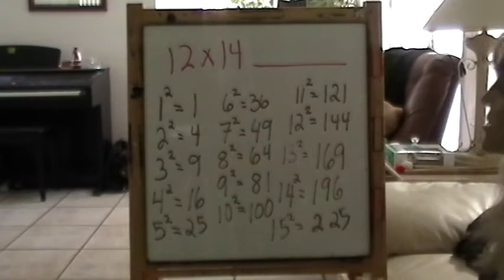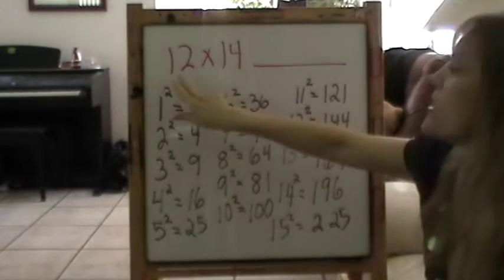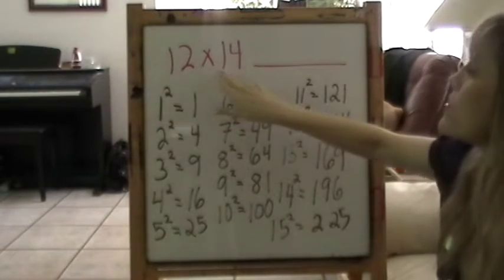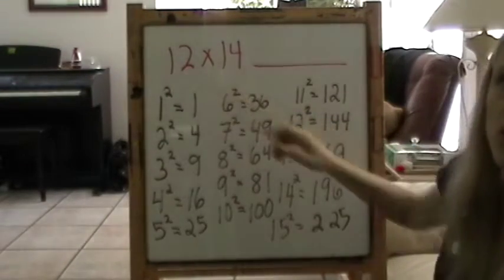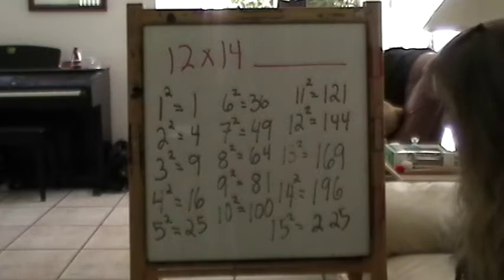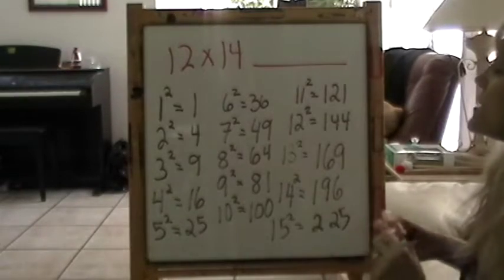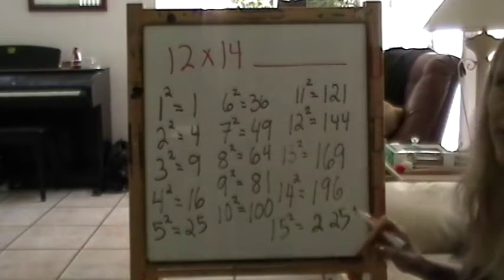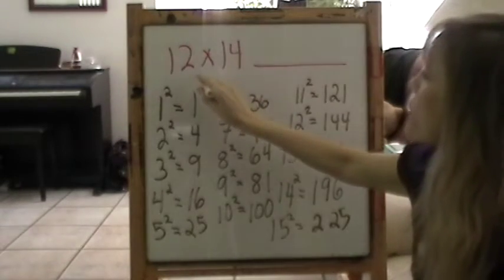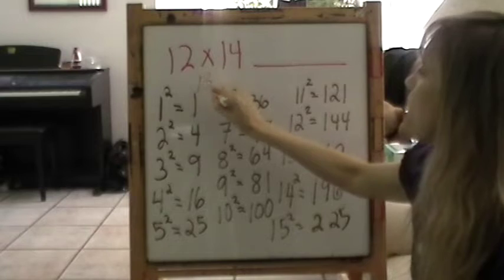Okay, so let's go back to this problem that I've written up here: multiplying two numbers whose difference is 2. 14 take away 12 is 2, so that's our difference. In order to figure that out, very easy. What number would go in between if we're counting? The number in between would be 13.